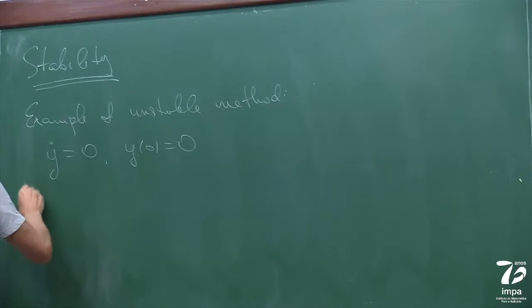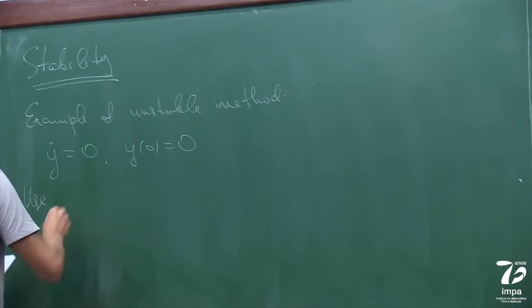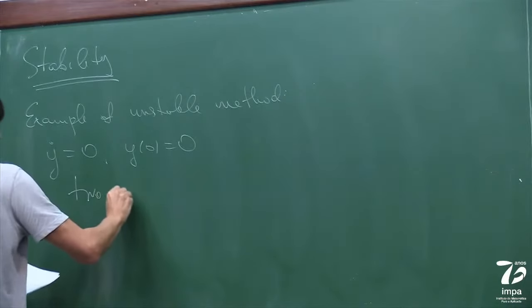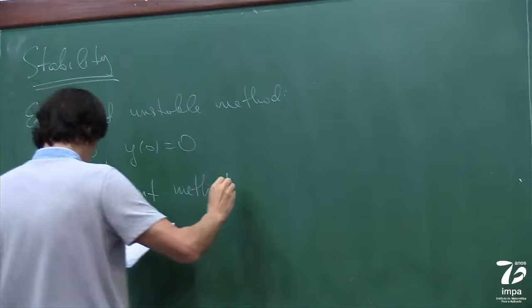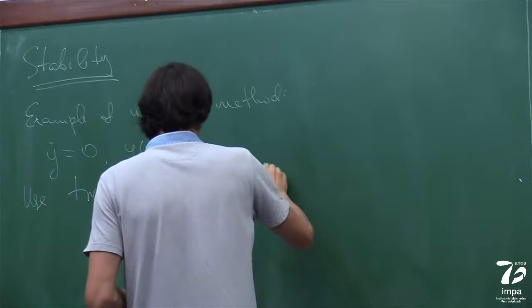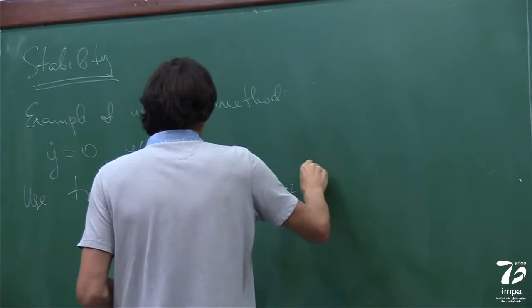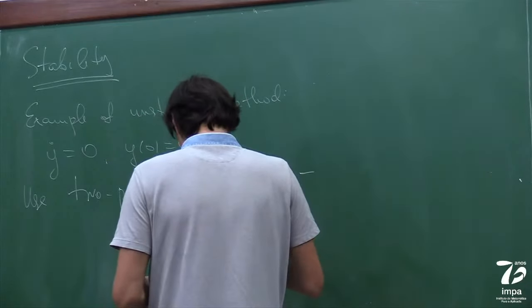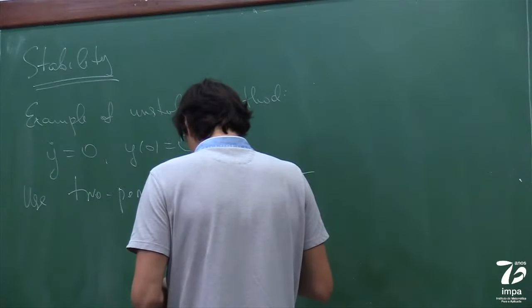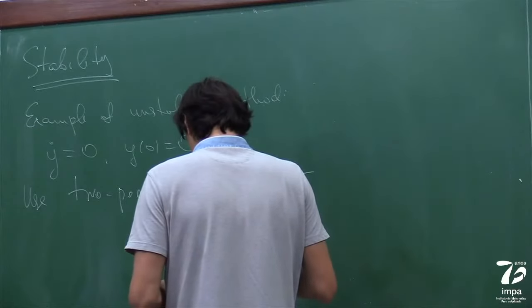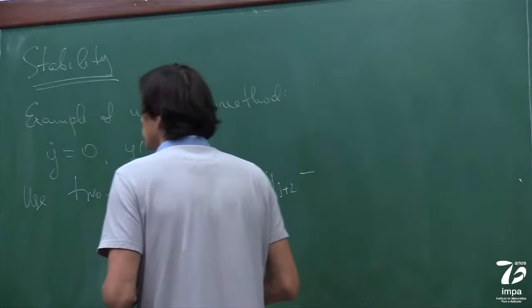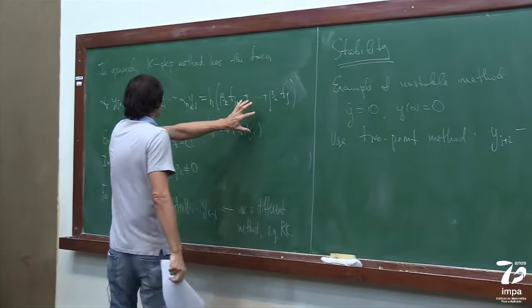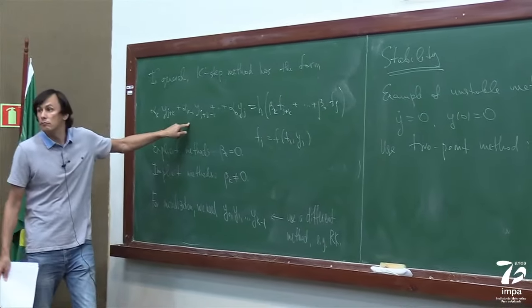And we use a two-point method. So what the two-point method is: y_{j+2} will be equal to... It means that there is no right-hand side, but there is a left-hand side.